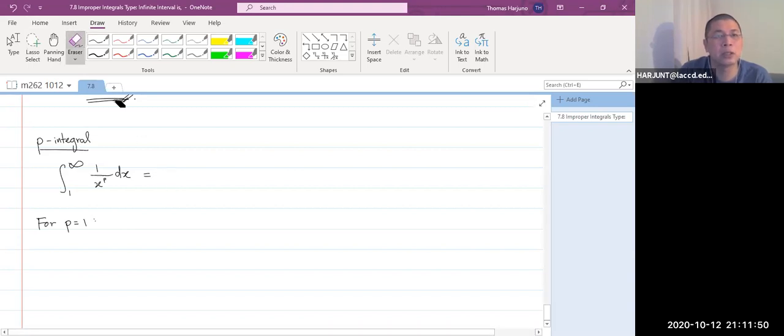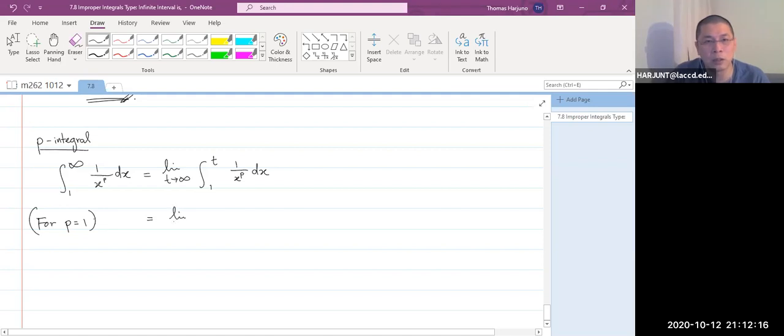So this is the limit as t goes to infinity of the integral from 1 to t of 1 over x to the p dx. When p equals 1, that integral is the limit as t goes to infinity of the integral from 1 to t of 1 over x dx.